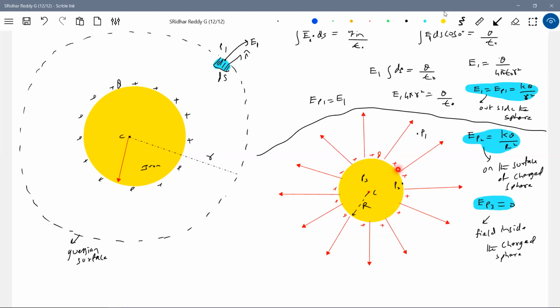So if you give a charge to a conductor, where will it reside? It will reside only on the surface. So shall we define surface charge density? How do you define surface charge density? Q by 4 pi R squared.